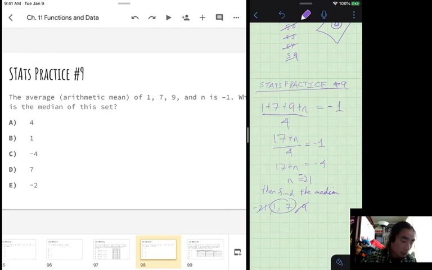I got a little different number, because, check your arithmetic. I think the answer here is 4, which is A. Yes, watch the positive and negative signs.